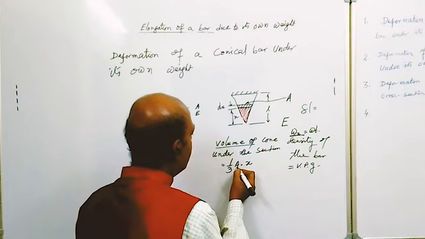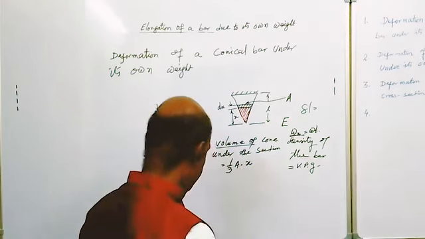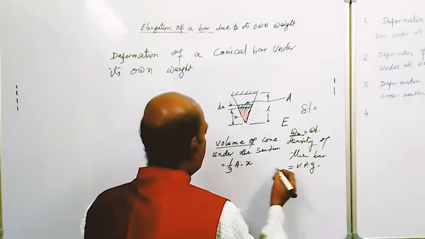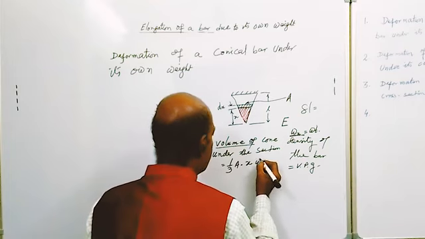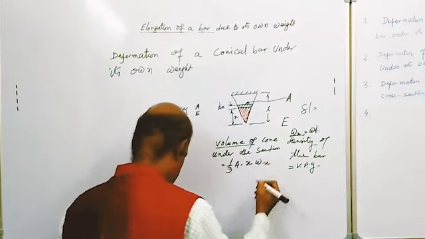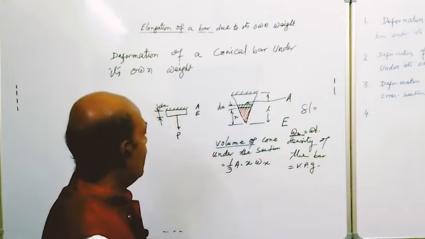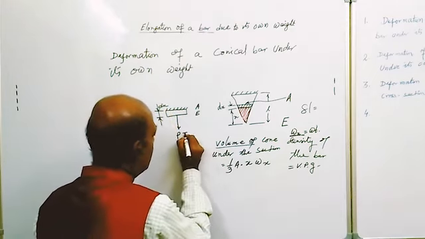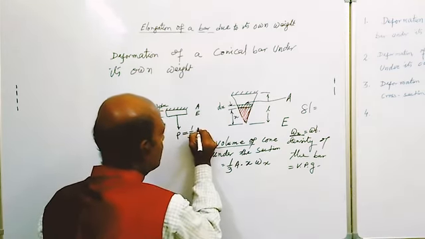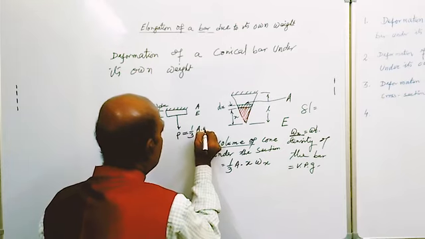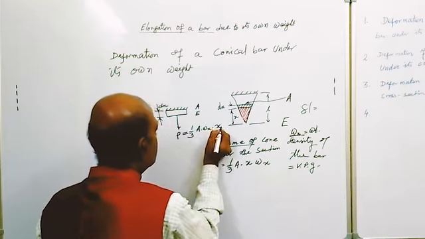So 1/3 area into x gives the volume, into Wx. This is the weight of the bar, and we have denoted it here by P. So we can write P is equal to 1/3 A into Wx into x.